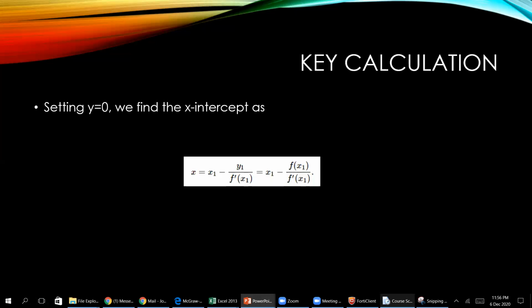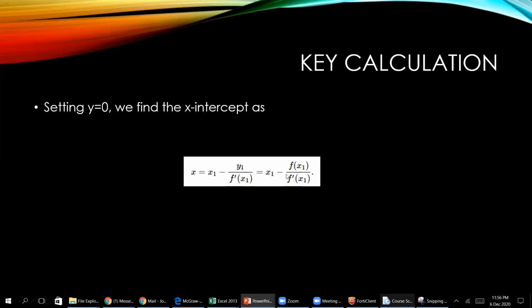Therefore, the formula for the x-intercept will be x equal to x sub 1 minus y sub 1 over the first derivative of the function at x sub 1. And we know that y sub 1 is the result of the function at x sub 1. So our formula is x equals x sub 1 minus f of x sub 1 over f prime of x sub 1.